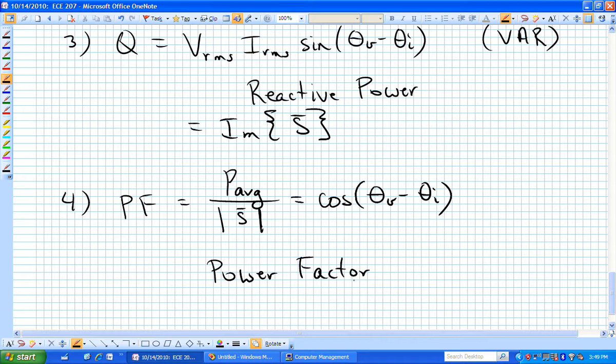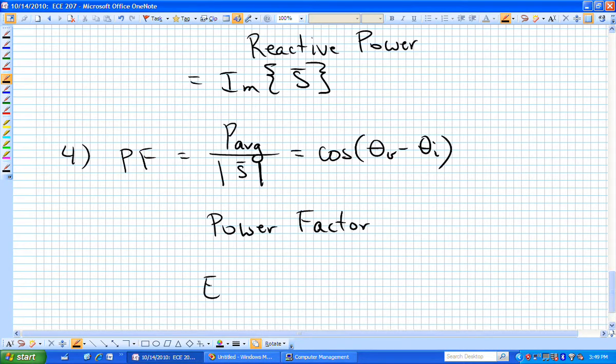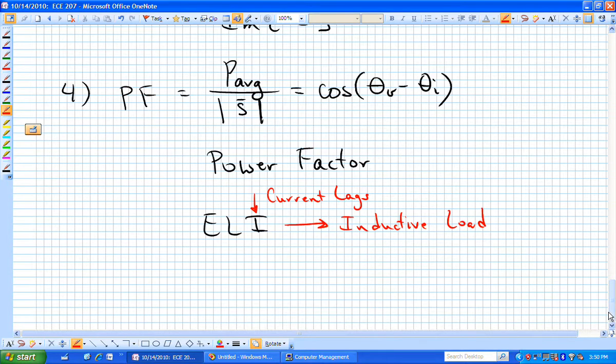And ELI and ICE will help you maybe remember that information. ELI, where's the voltage? It's in front of, so your current lags. And this is inductive load versus ICE.